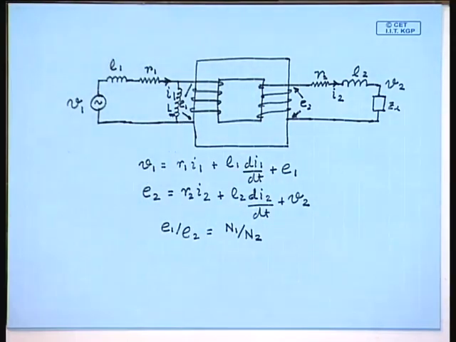This is so because the induced voltage E1 leads the flux by 90 degree. So, the current flowing through the inductance connected across E1 will lag E1 by 90 degree and will be in phase with the core flux phi m, which is responsible for generating the core flux phi m.